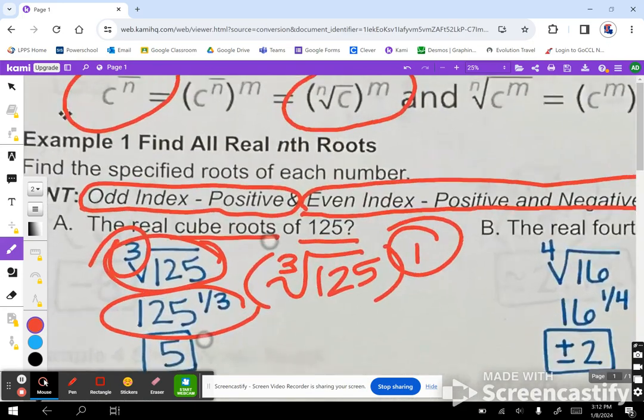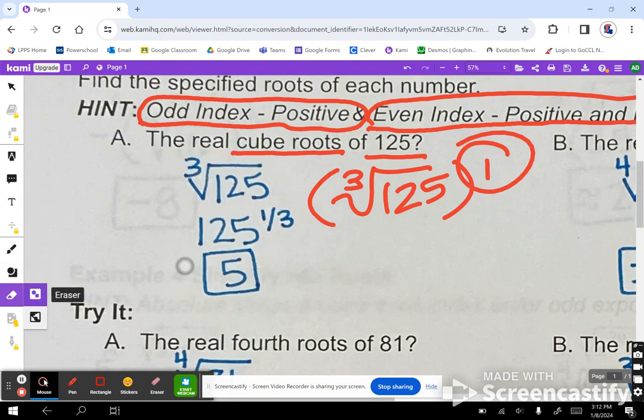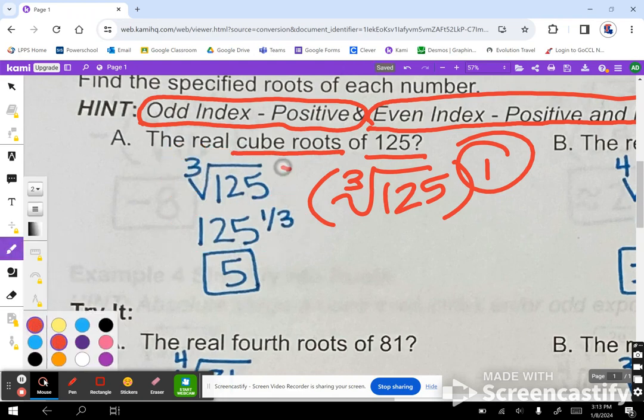Now, if you wanted to actually solve for that and get the answer, what is the cube root of 125? You can type in your calculator either way that you see here. You can type in exactly how you see right here, the cube root of 125. I believe the cube root is math option maybe 3. I don't have a calculator with me here, but I think math option 3 is the cube root. Or you can type in 125 and use the exponent button.